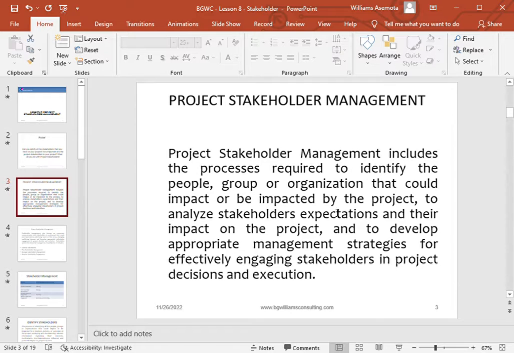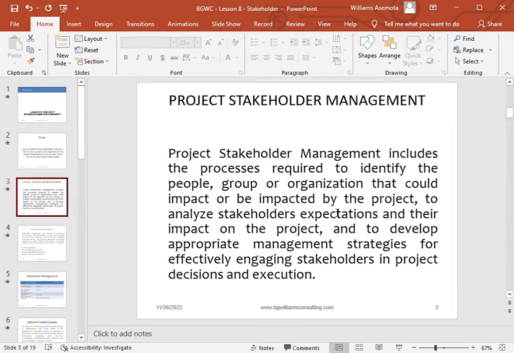And when we identify them, we are also going to analyze their expectations. What do they need in this project? What are they looking forward to in this project? As a project manager, is it important you take note of those expectations? Yes, 100% important.